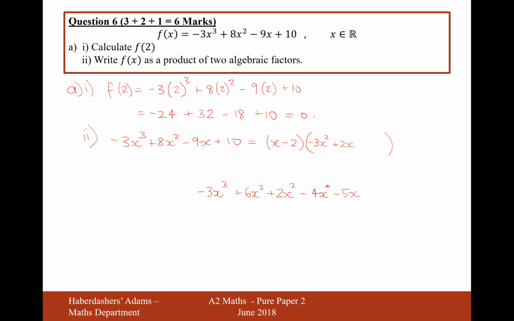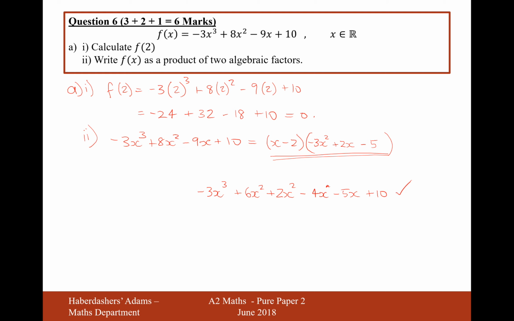Now what can I have in the last position to give me minus 5x? Well, I'd need minus 5 to multiply by the x to give me minus 5x. And multiplying out the last two terms, minus 2 times minus 5, that's plus 10, which is exactly what we're looking for. So our answer to A part II is x minus 2, and then in brackets, minus 3x squared plus 2x minus 5.